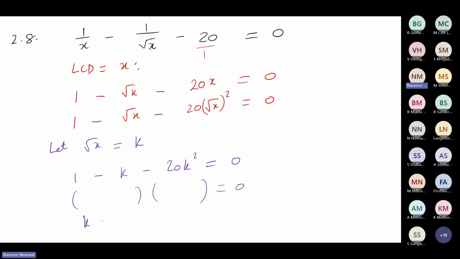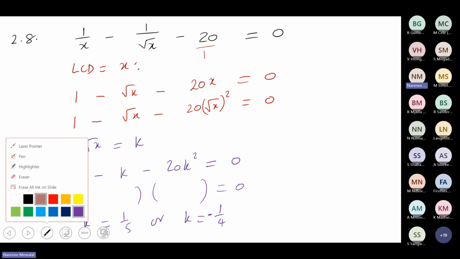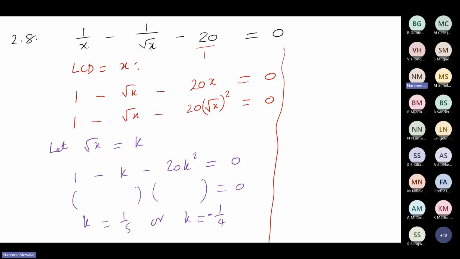Okay, and you're going to get k equals a number. You're going to get k equals 1/5, or k is equal to minus a quarter. And then finally, you go back and replace the k with square root of x.